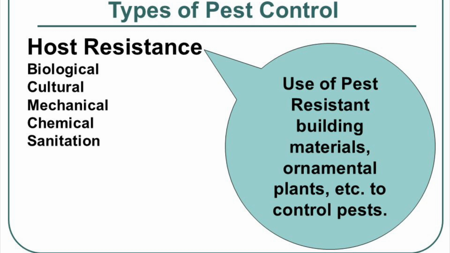Plants have their own natural way of dealing with pests. So you have to look at the plant itself to see what is the resistance that the plant naturally has, and then you can use that to win the battle of the pest that you may be encountering.